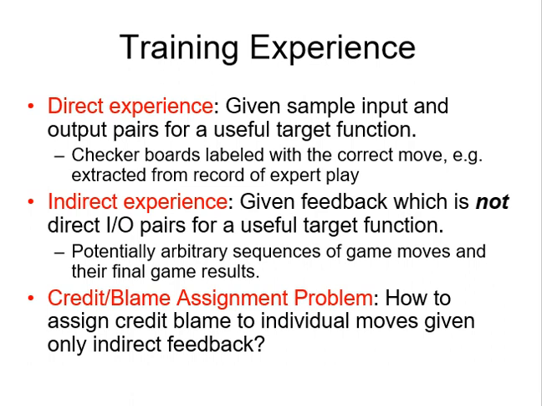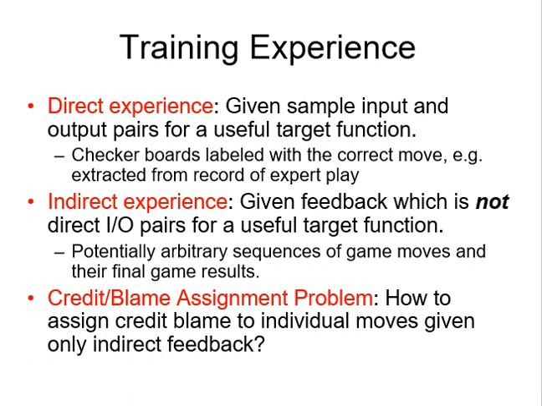This is the difference between direct and indirect. In direct experience, they have given the labeled dataset, but in indirect experience, they have not. Now let's see about the credit or blame assignment problem. We are going to find how to assign credit or blame to individual moves given only indirect feedback.